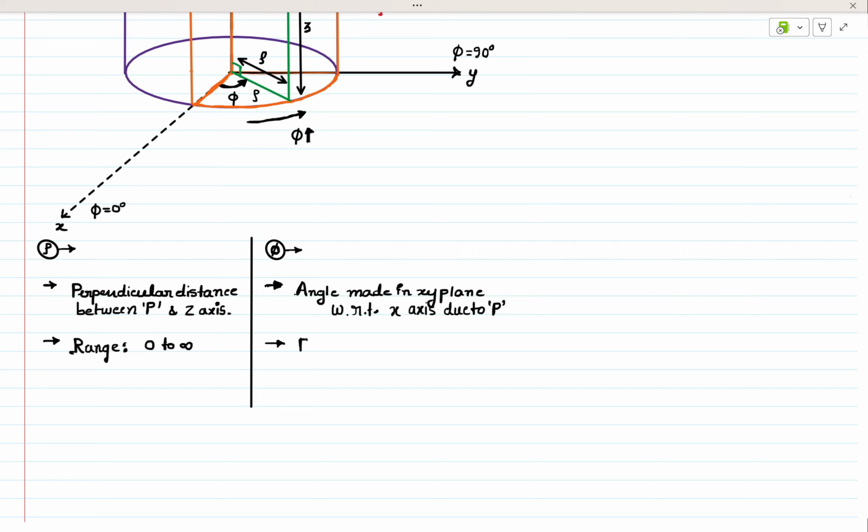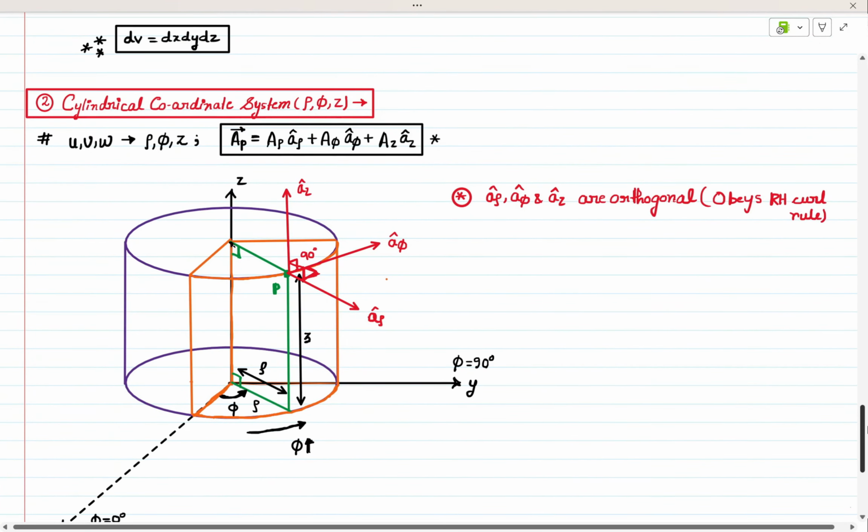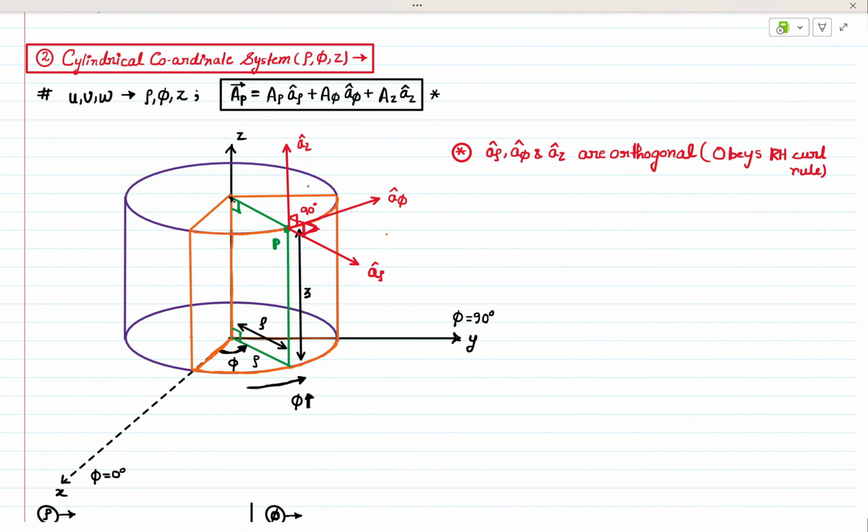Now coming back to the range of the phi. Understand the range of the phi very clearly. Here I am trying to make a cylinder, right? This is the point where phi is equal to 0. If I try to make a cylinder, I have to move phi from 0 to complete one revolution. Complete one revolution means 2 pi.